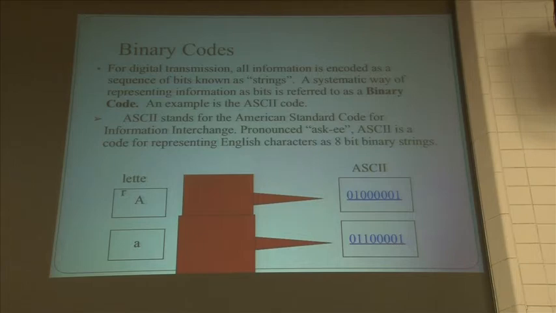The code for representing English characters as 8-bit binary strings. And as an example, the capital letter A in ASCII code corresponds to that combination of zeros and ones. Lowercase a, you have that string of zeros and ones.